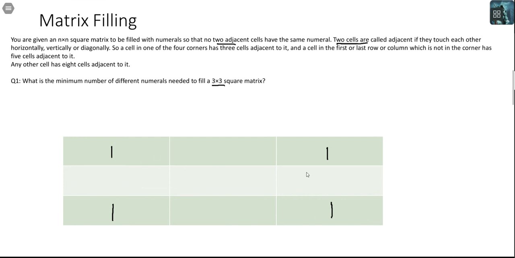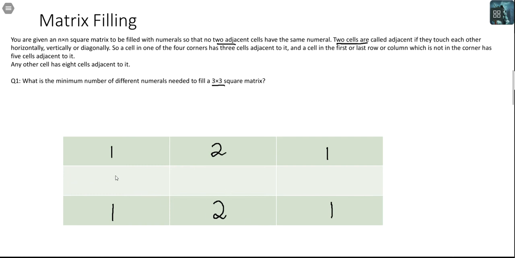Yes, done. I can fill up 1 at these 4 corners. I'm not saying start by filling up 1 at 4 corners. I'm saying start by filling up one of the corners and then see where all you can put in the numbers. Once you are done with this, you have to fill up a second number. Let me put 2 here. Where can I put 2? Can I put 2 here? No. Here? No. Here? No. Here I can put 2.